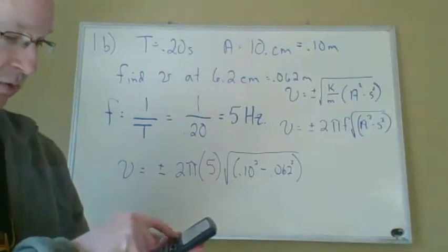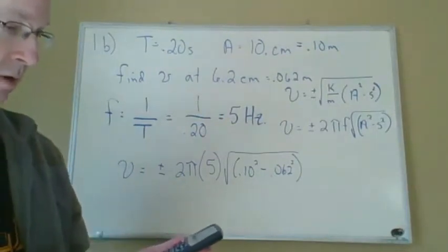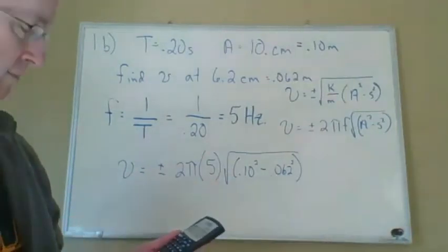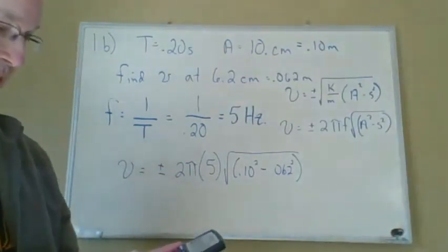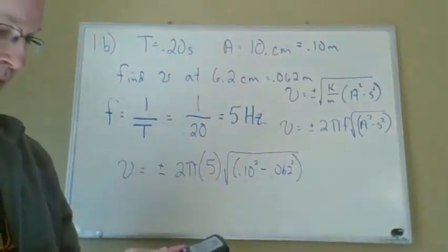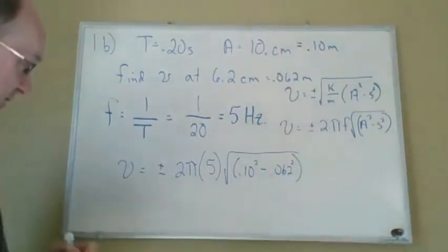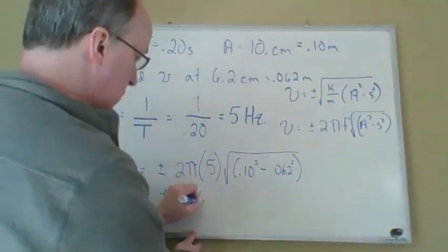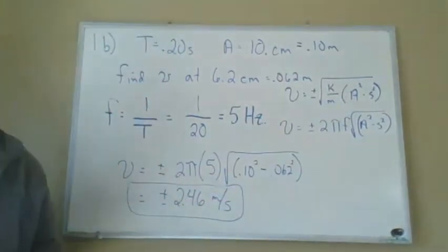I want to take the square root of that. I get 0.078, and so on. Then I go times 2 times 5 times 3.14, and I get 2.46. Of course, plus or minus, and of course, meters per second.